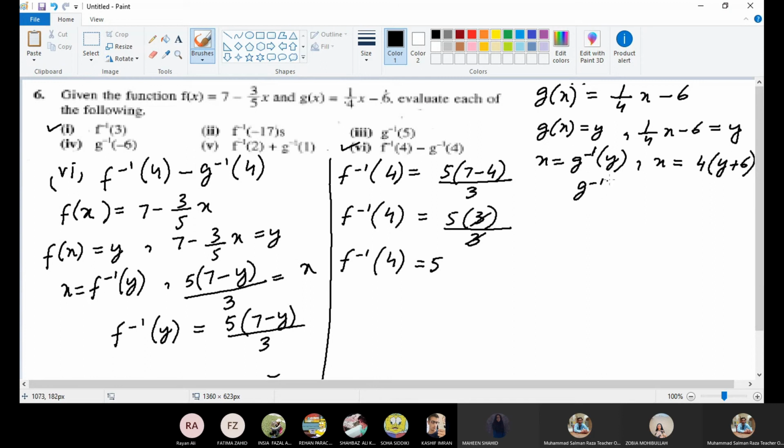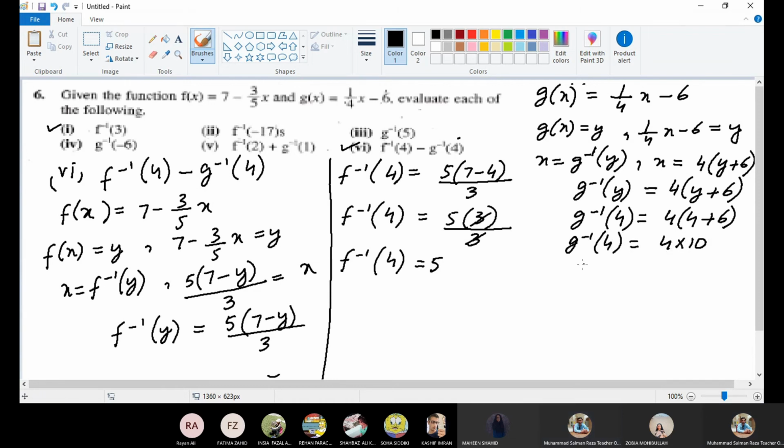So g inverse of y is equal to 4 into (y plus 6), where every y will be replaced by 4. So it's like 4 plus 6, and then it is going to become 4 into 10, which is 40 over here. So I've got both the answers.